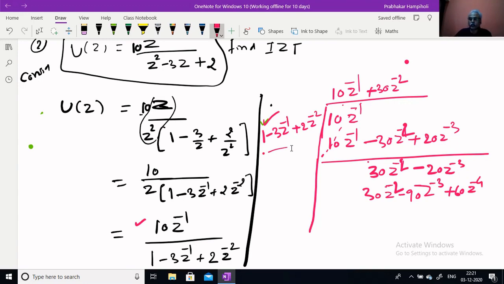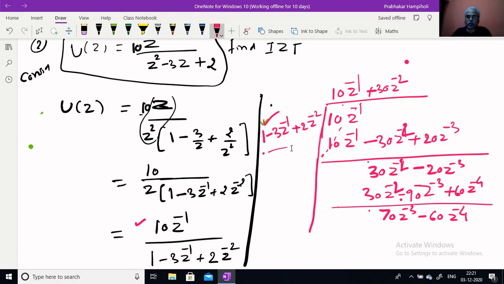Once again, you see 30 times z raised to minus 2, and the first terms are getting cancelled. When you subtract in the usual fashion, you are going to get 70 times z raised to minus 3 and minus 60 times z raised to minus 4.